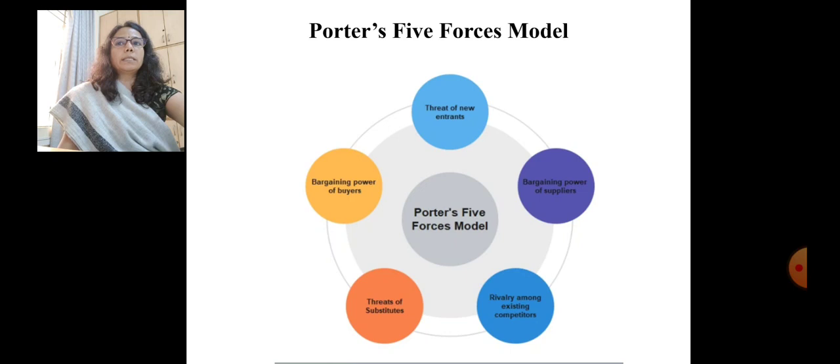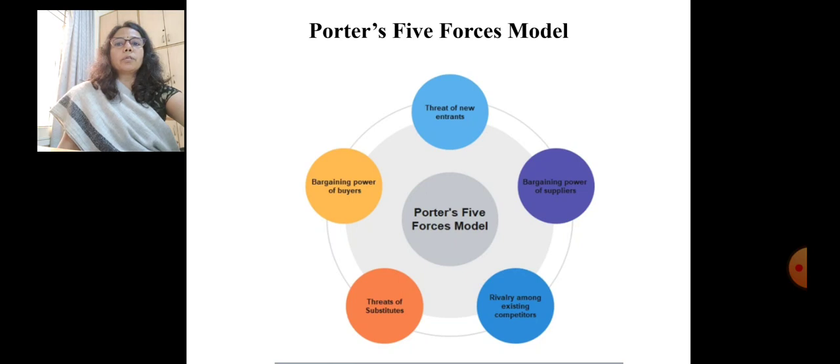Well, what is this 5 force analysis? It is a technique for analyzing industries and competitors. Michael Porter, an American academic, devised the 5 forces to perform a full examination of an industry, which includes peer competition, threat of new competitors, threat of substitutes, buyers' bargaining power, and suppliers' bargaining power.